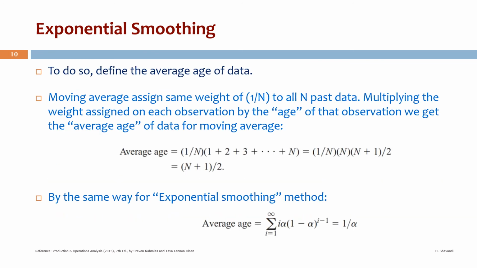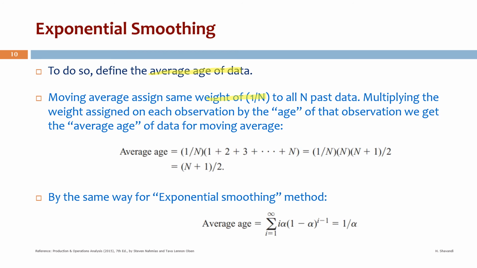So now let's see how the exponential smoothing and the moving average are consistent. To do so, we define the average age of data. In the moving average, we are assigning the same weight of 1 over n to all n past data.